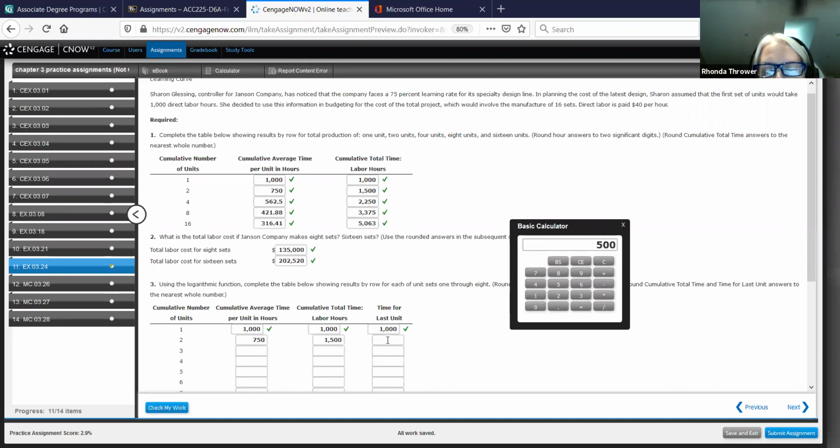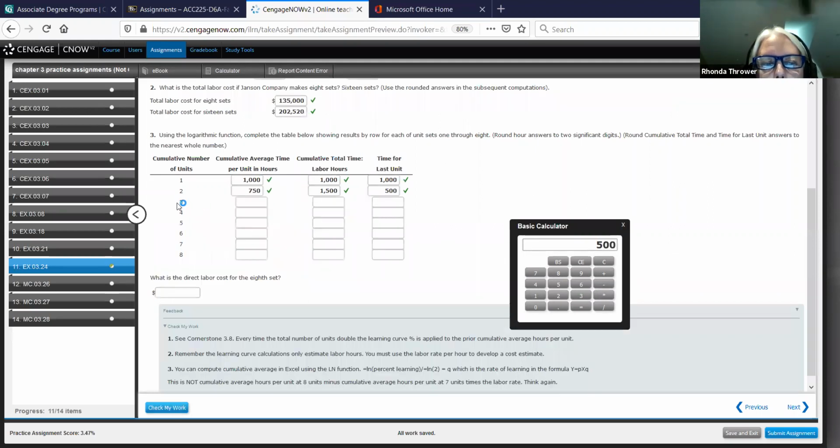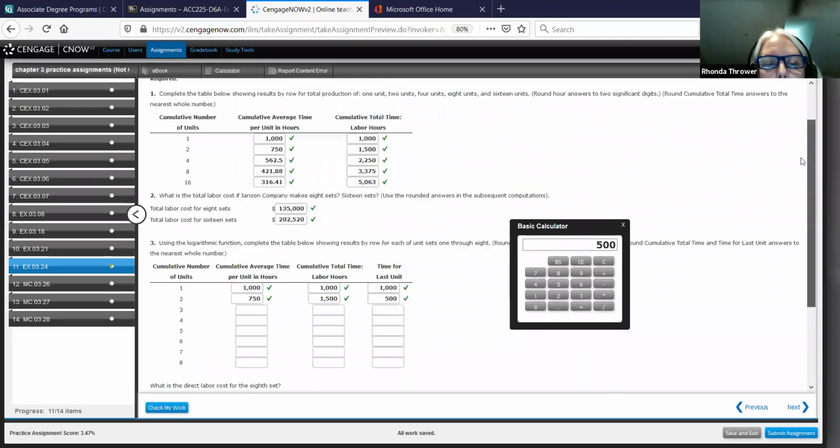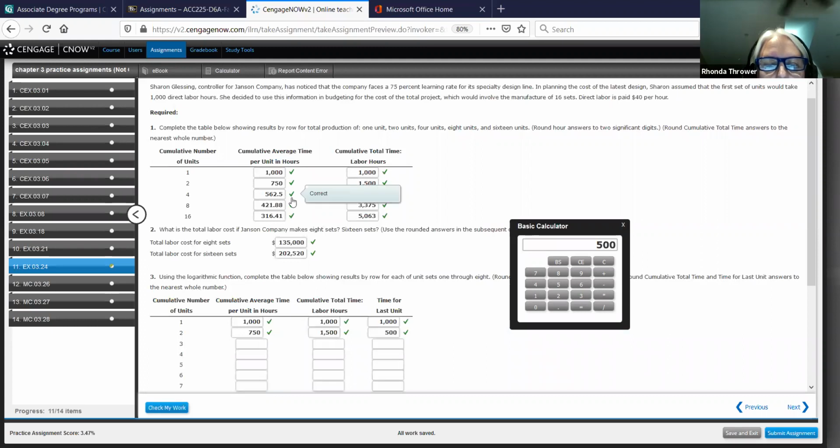And that gives me the time for the last unit would be 500 hours. And this part right here, we don't have up here, obviously. So we need to be able to calculate what happens in part 3.